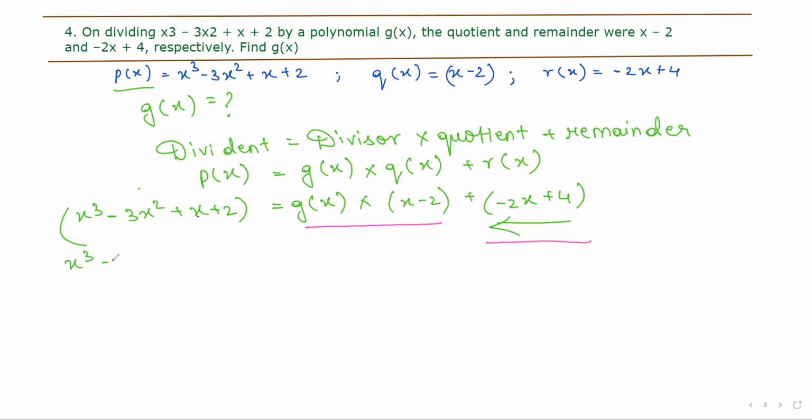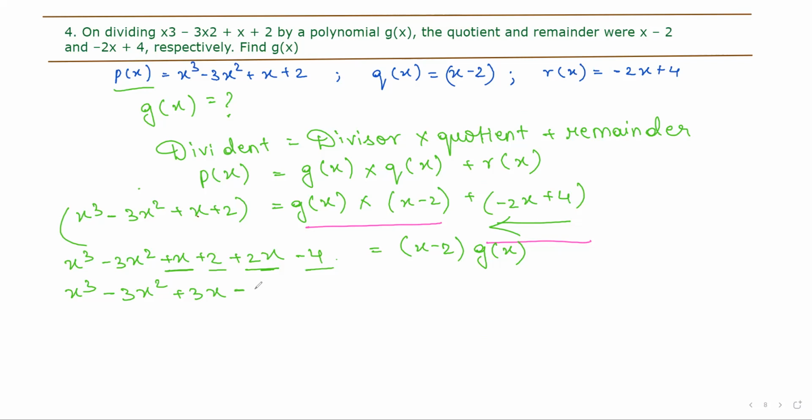We have x cube minus 3x square plus x plus 2 minus 2x becomes plus 2x and plus 4 becomes minus 4 is equal to x minus 2 into g of x. X cube as it is, minus 3x square, plus x plus 2x, so plus 3x, plus 2 minus 4, minus 2.